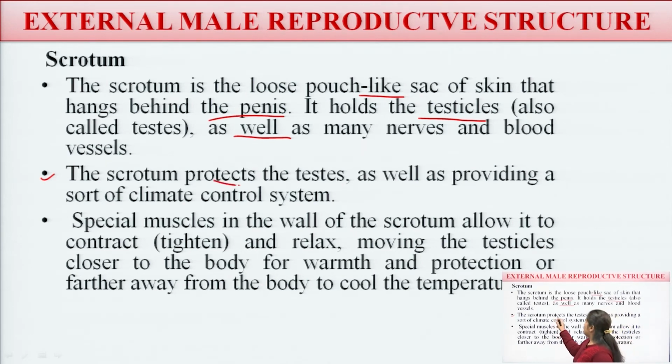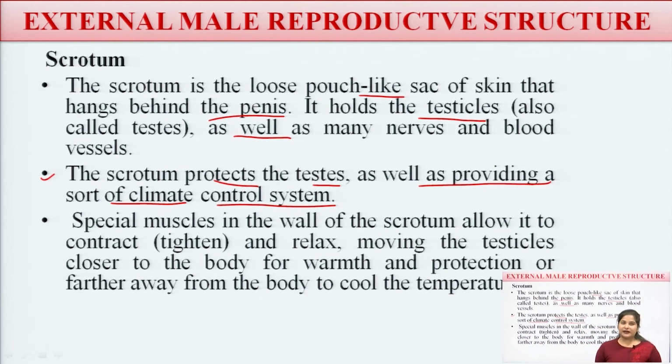The scrotum protects the testes as well as providing a sort of climate control system. If the temperature of the scrotum is too high, the sperms will die. So the scrotum tries to regulate the temperature.